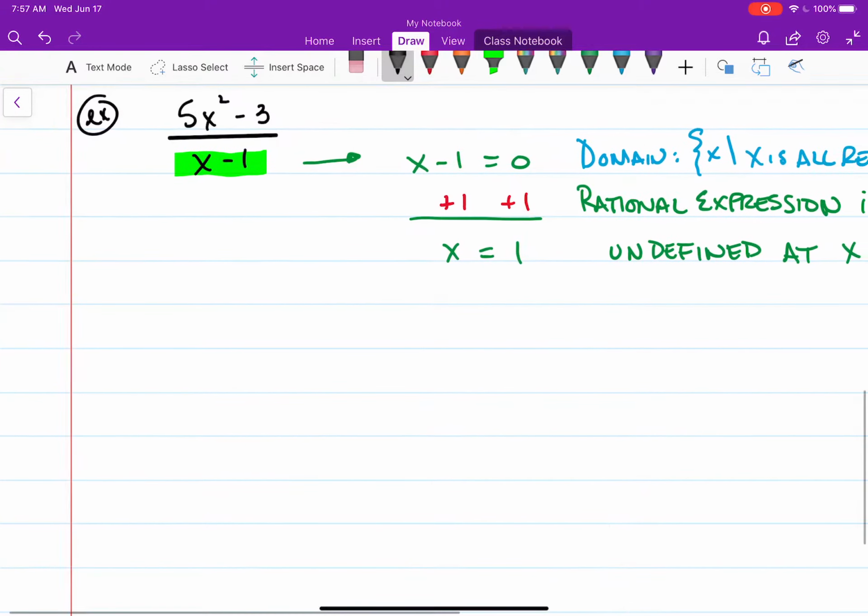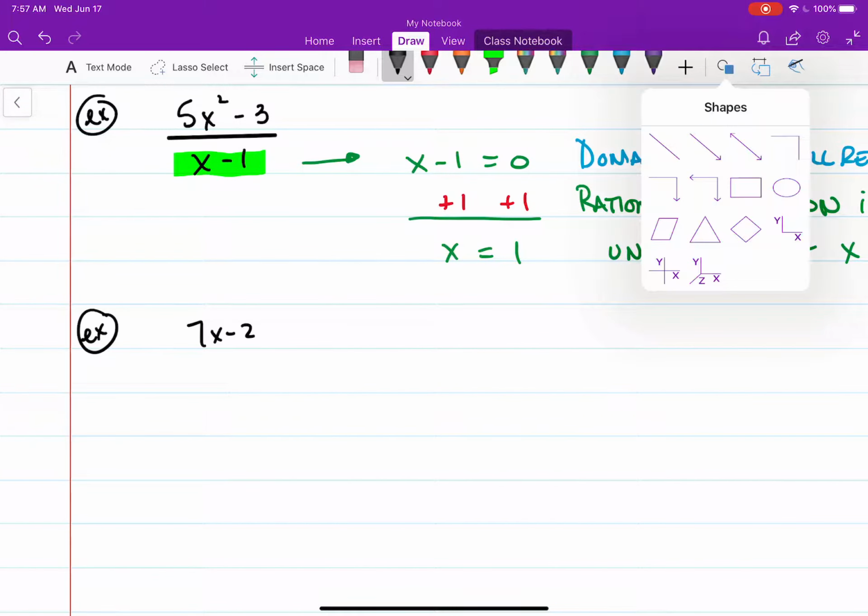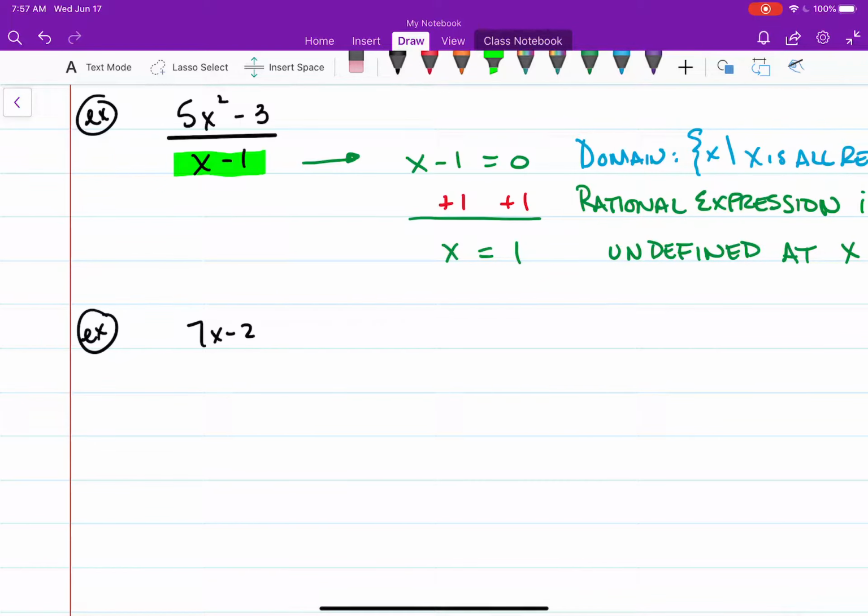Okay? Another example. 7x minus 2 over x squared minus 2x minus 15. I've seen this before. So again, I'm still looking at just the denominator if it's asking when the rational expression is undefined.